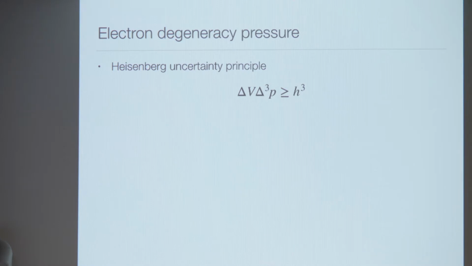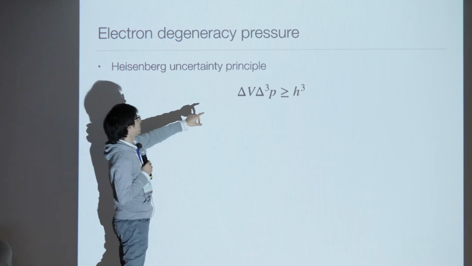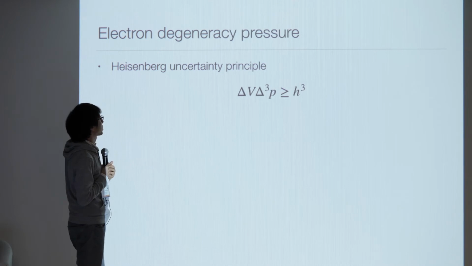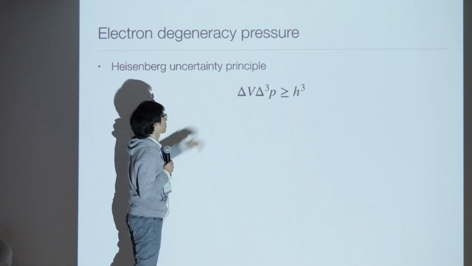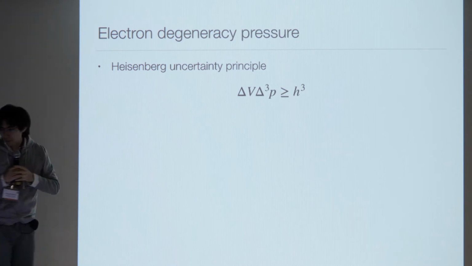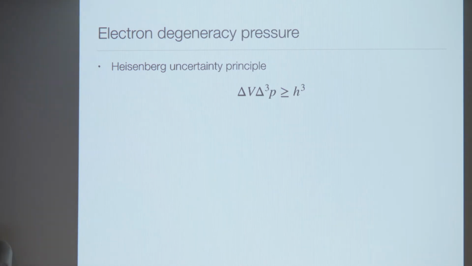So from some point, as the density gets higher and higher, the pressure will be governed by this Heisenberg uncertainty principle rather than the ideal gas pressure. Because the ideal gas pressure doesn't care about this principle, and you can specify the velocity much less than this constraint.